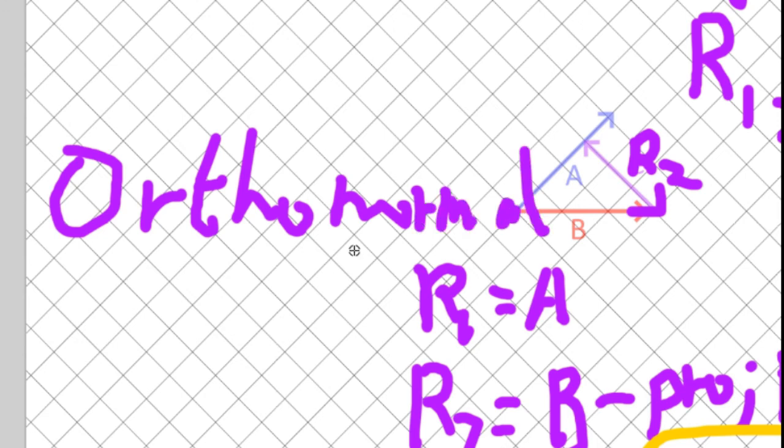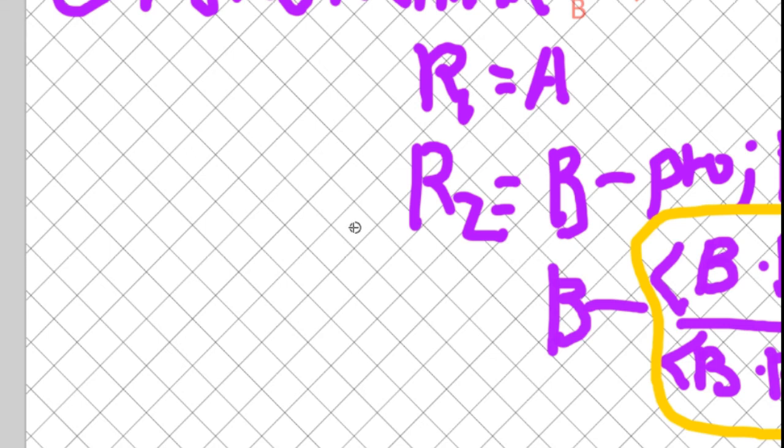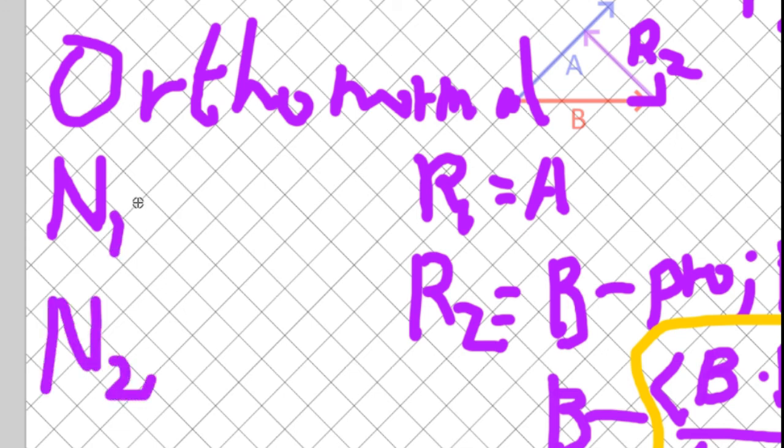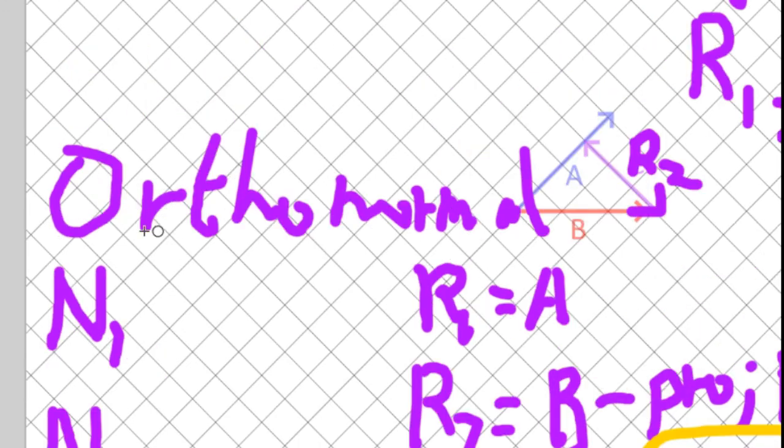You normalize all the orthogonal vectors, so we have R1, R2. We can call them N for normal, N1, N2. All we're doing is dividing each by its length, so we make it a unit vector. The magnitude of the vector becomes 1.